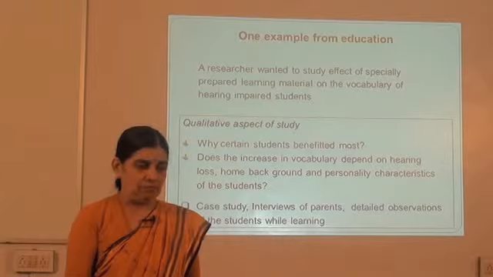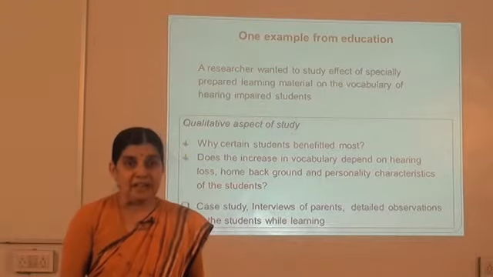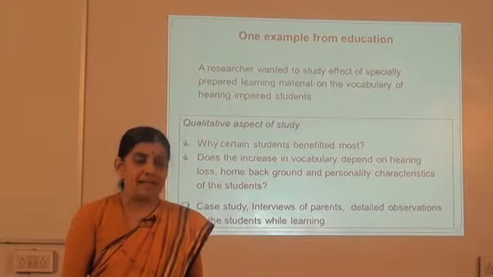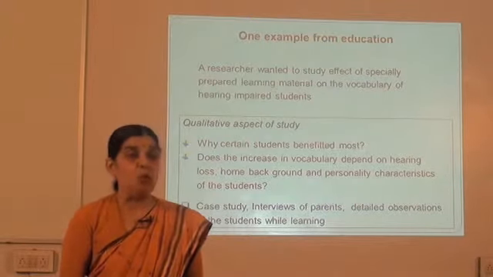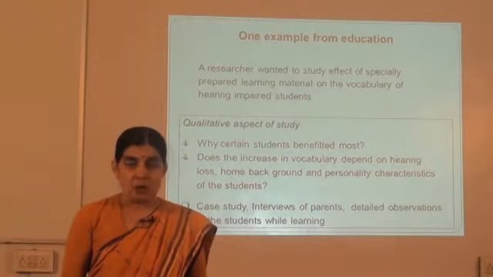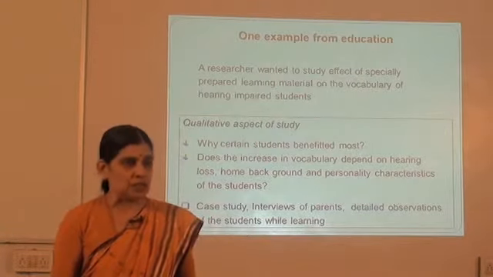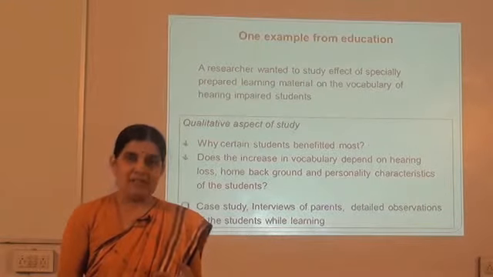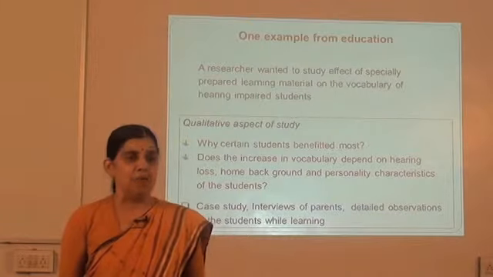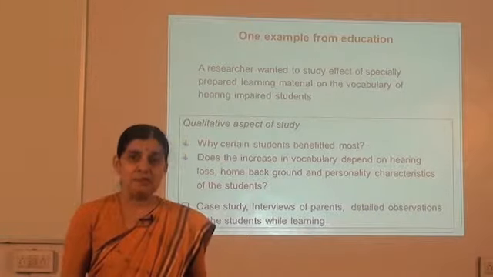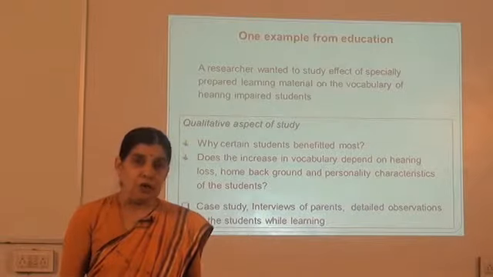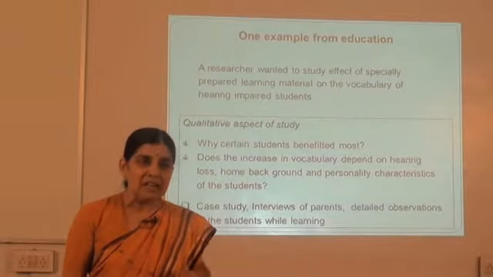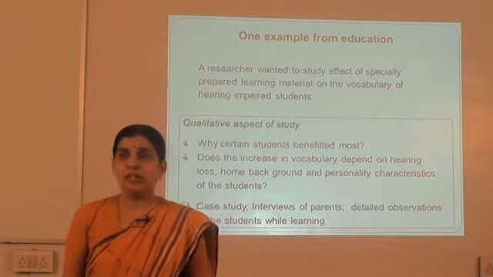At the same time, there was a qualitative aspect of the study also. Why did certain students benefit most? I told you that there were only 8 students, but still some students benefited most. There was a tremendous increase in their vocabulary and there were 2 or 3 students who did not show that much increase. So the researcher was not merely interested in whether there was an increase or not.